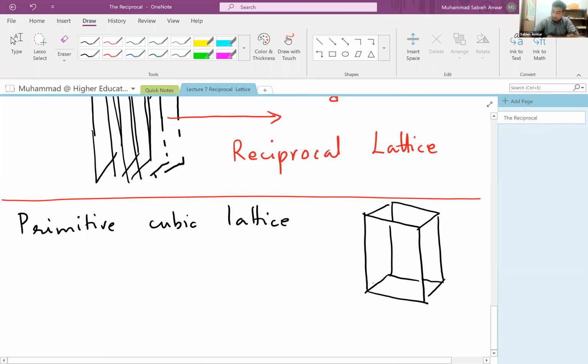Instead of x, y, and z, I specify the vectors as a, b, and c. And the length of a and the length of b and the length of c are all equal.